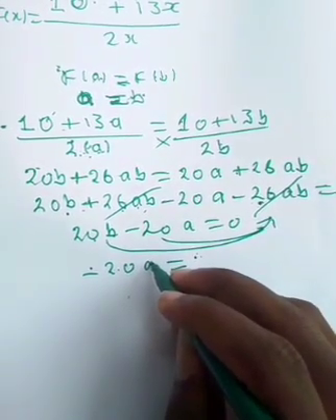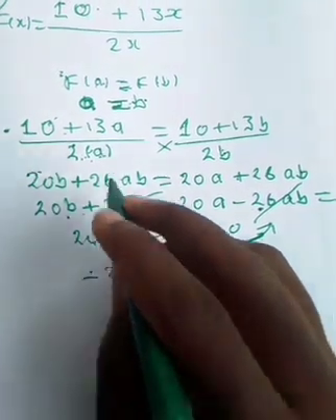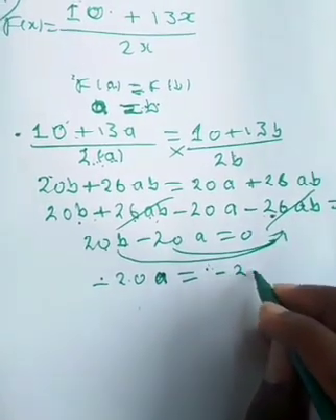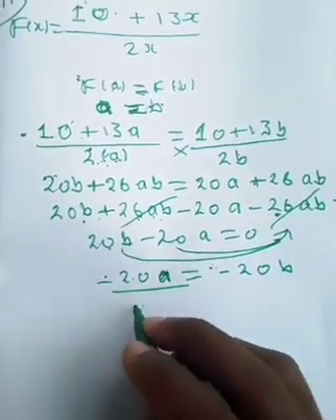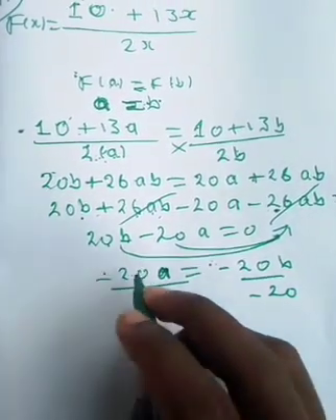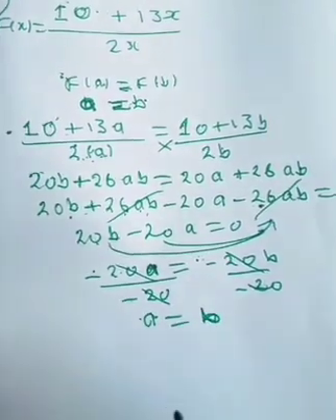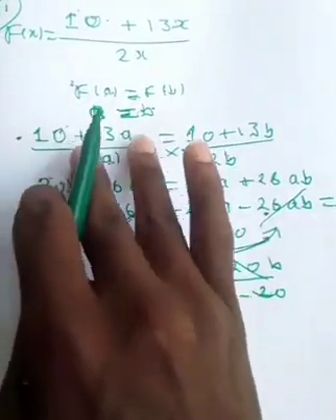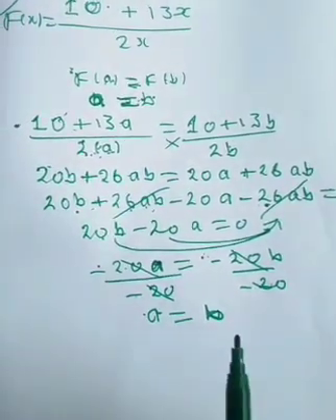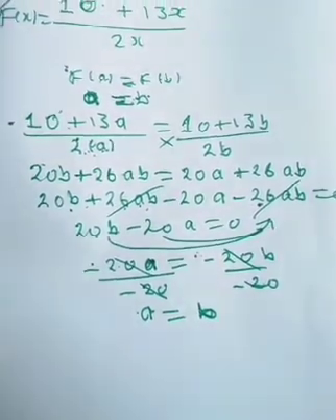I just want to remain with a on this side and b on the other side. So I would have negative 20b. Divide through by negative 20 over negative 20, and we remain with a is equal to b. So for the fact that after simplifying this expression, we are able to end with this, it means that this is indeed 1 to 1. So we can even write that and conclude.